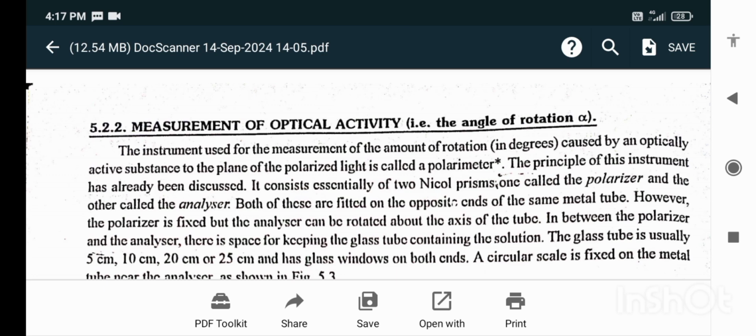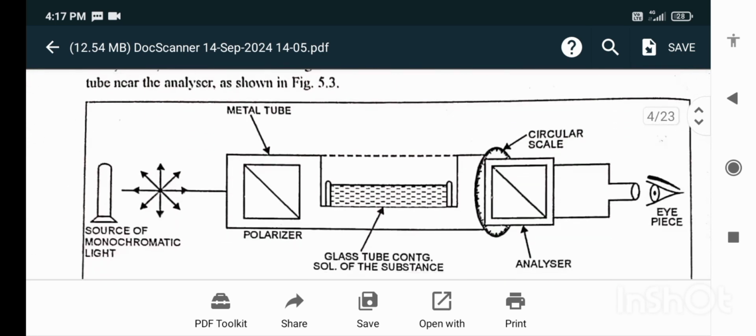However, the polarizer is fixed, but the analyzer can be rotated about the axis of the tube. In between the polarizer and the analyzer, there is space for keeping the glass tube containing the solution. The glass tube is usually 5 cm, 10 cm, 20 cm, or 25 cm and has glass windows at both ends. A circular scale is fixed on the metal tube near the analyzer.